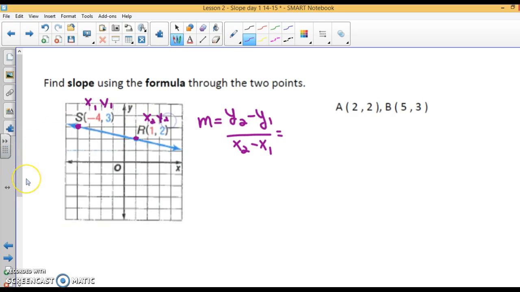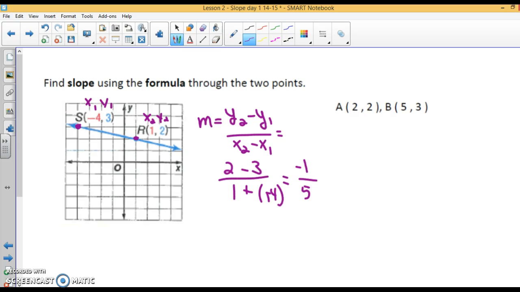And I'm going to do this the other way also so you can see. So, if I substitute, y sub 2 is 2 minus y sub 1 is 3 over x sub 2 is 1 minus x sub 1 is negative 4. So, 2 minus 3 is negative 1. Add the opposite, negative 1/5.